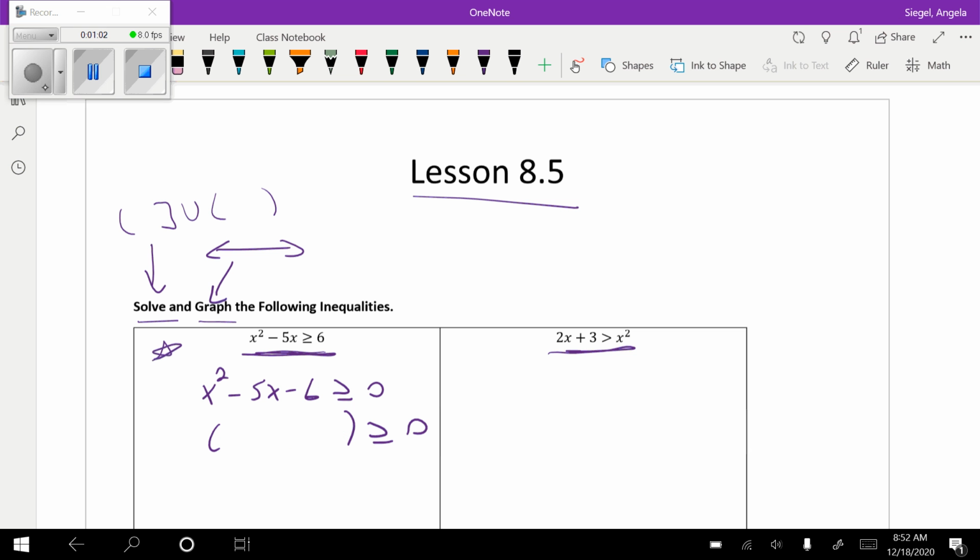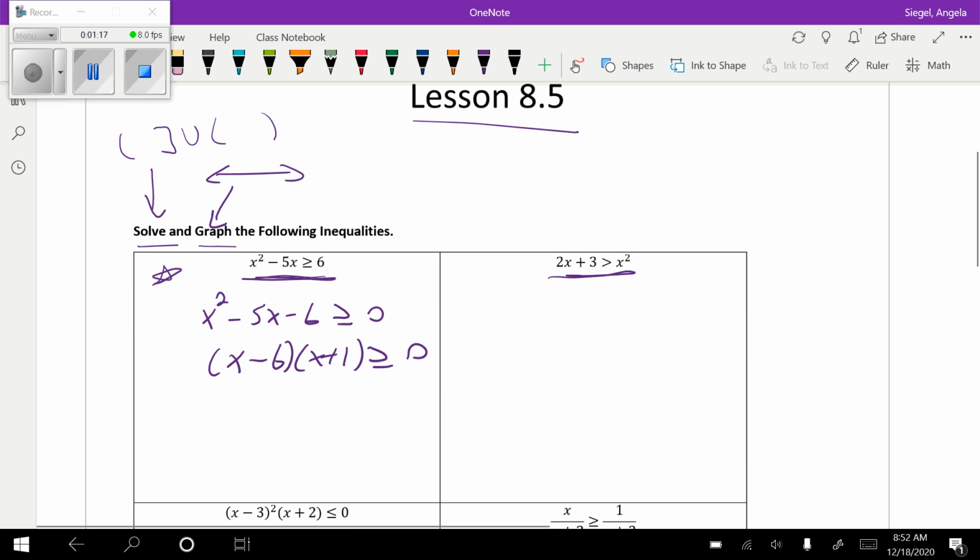Let's try that again. Okay, so I have x minus 6 times x plus 1 is greater than or equal to 0. So we're going to find what would make it equal to 0. So this part right here, when x equals 6 and x equals -1.